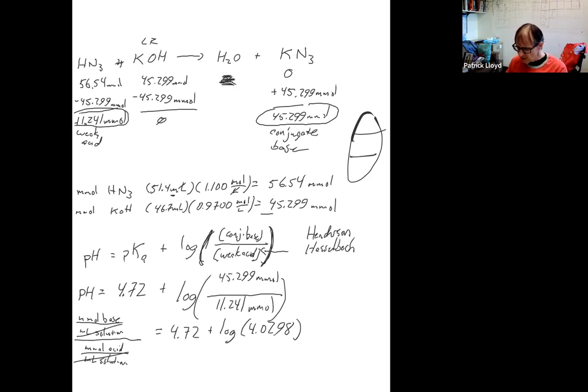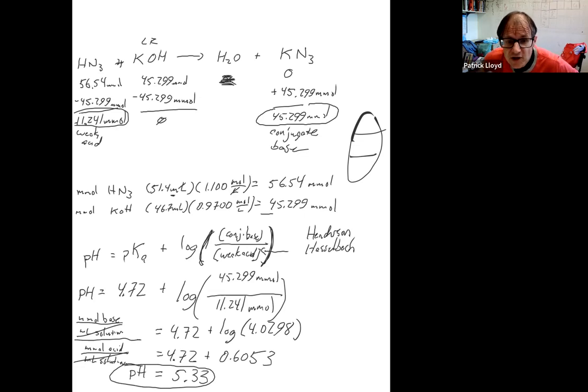If you take the log of that, you get 0.605. I'm going to put an extra digit there; we don't need to. And if you add that to the 4.72, you get 5.33, to 2 digits past the decimal point. Okay, 5.33. And there's your final answer.